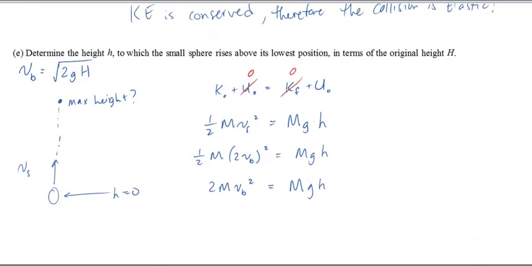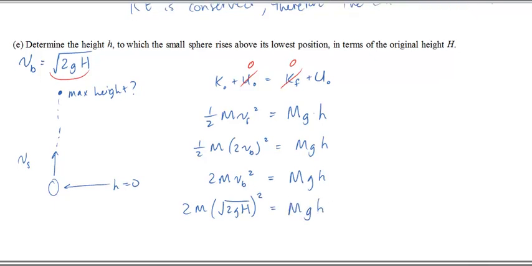Now this is where I get a bit stuck because I don't know what VB is. However, recall I have this expression from part A. This is where I'm going to use it. 2m times square root of 2gH, squared, was mgh.